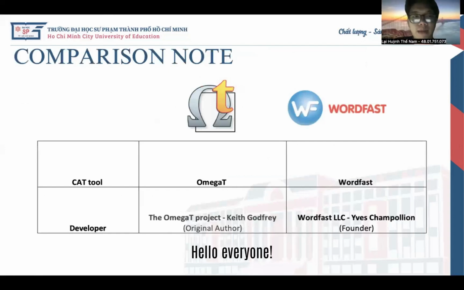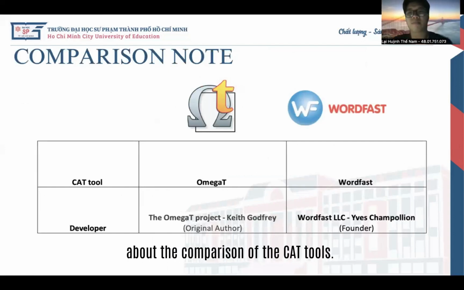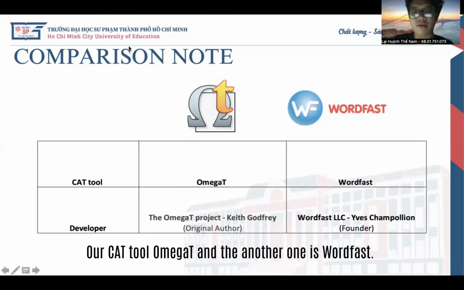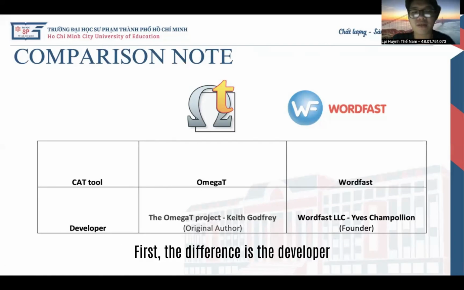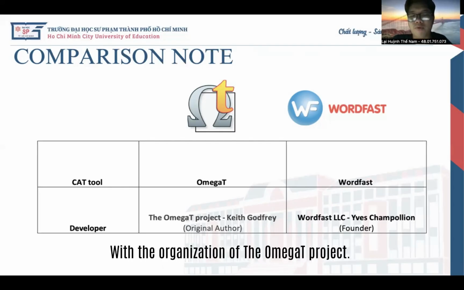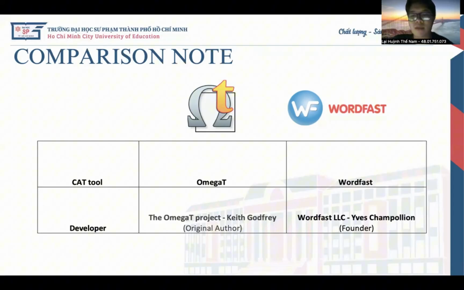Hello everyone. My name is Nam, and I will talk about the comparison of the CAT tool OmegaT and the other one, WordFast. So first, the difference is the developer. OmegaT is developed by Keith Godfrey, with the organization of the OmegaT project.